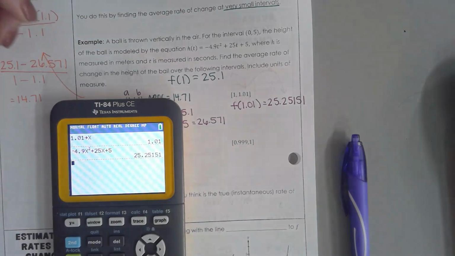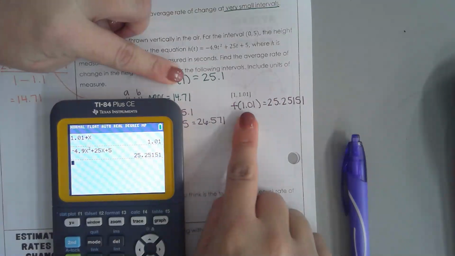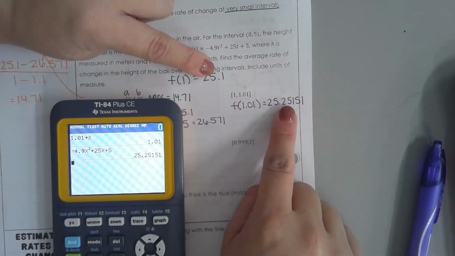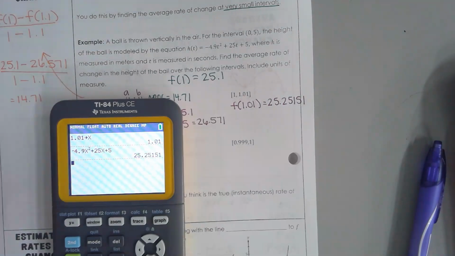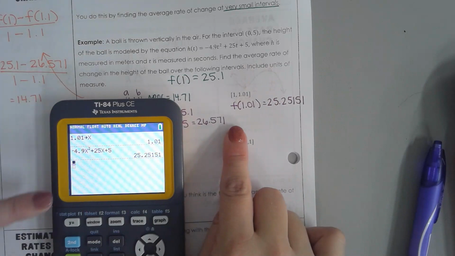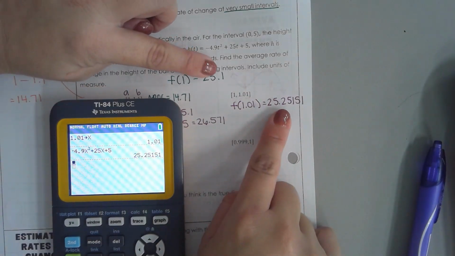So I have everything I need to find my average rate of change, or my slope. I have two x's, 1 and 1.01, and two y's, 25.1 and that 25 point long decimal. So to find the average rate of change, we do the fraction. The y's are on top.